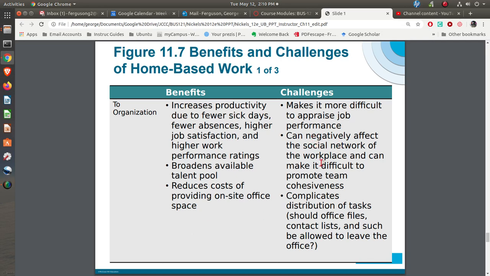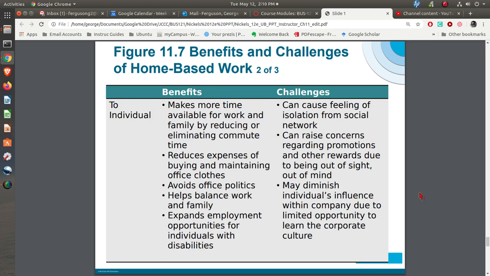Challenges: it makes it harder to manage the workload and make sure that people are doing the things that are necessary. You have to make sure that you have people that you can trust, and a good way of measuring their performance. For the person, it gives them more flexibility by eliminating some of the commute time and reducing expenses.